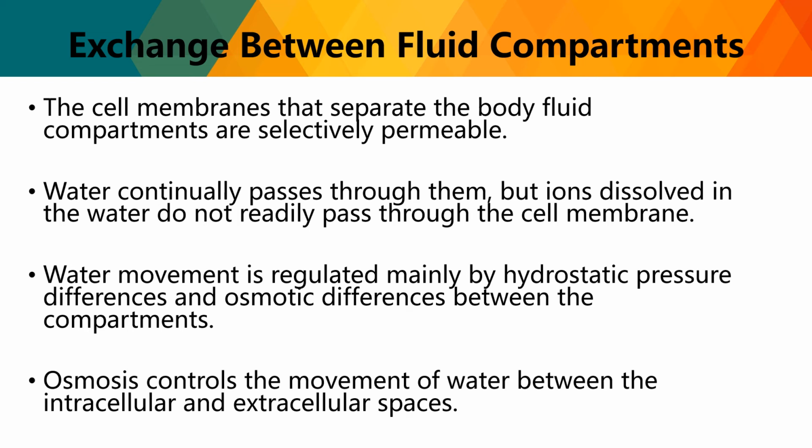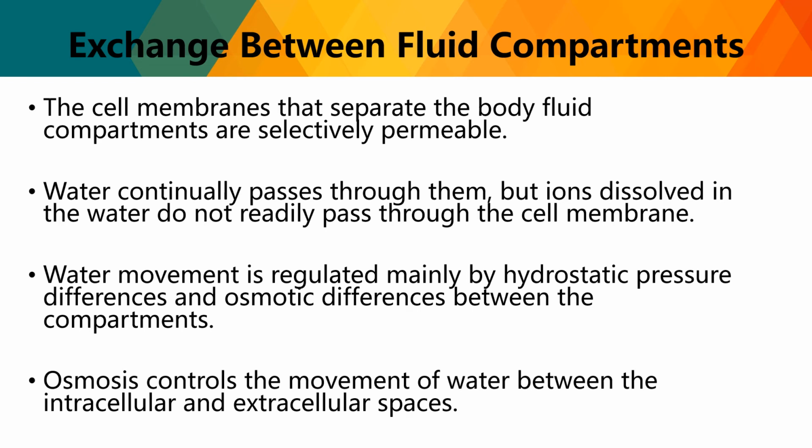In here, the cell membranes that separate the body fluid compartments are selectively permeable. When you say selectively permeable, not all of the components in your fluid can just go in and out of your compartment.